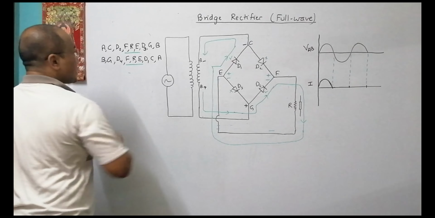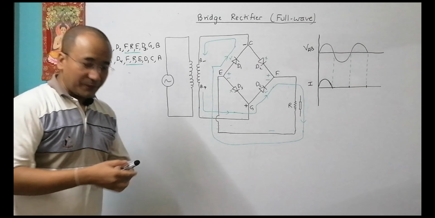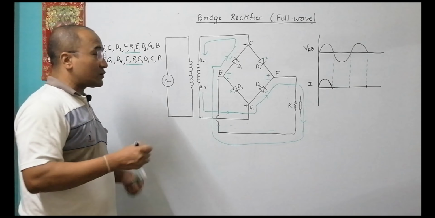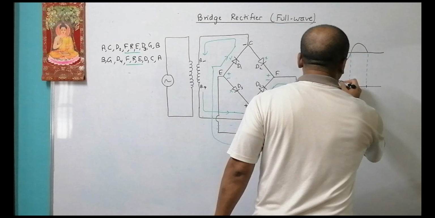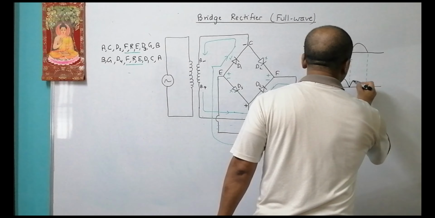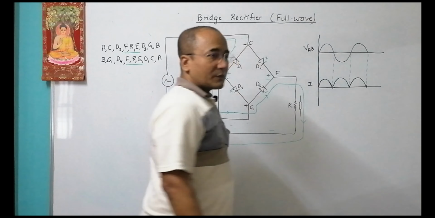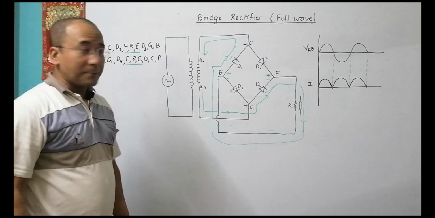So in this resistor, current flows in the same direction. In this resistor, current flows in the same direction. So that's why in our graph, the current will be shown now like this, again like this, and so on, because the direction of current is same.